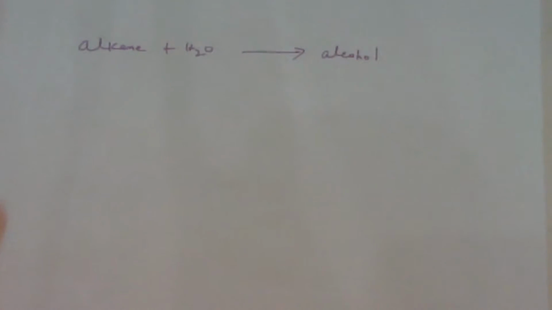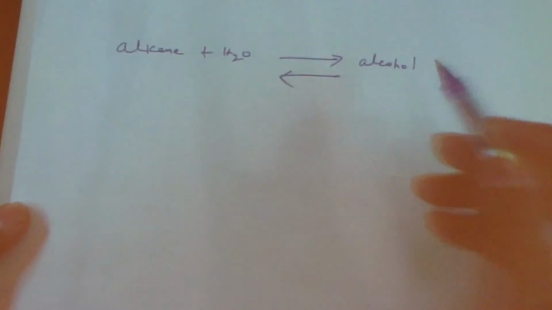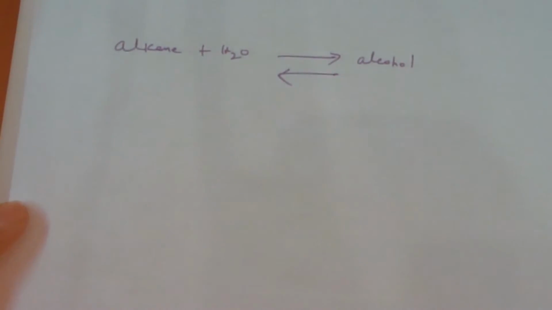And the fact that water appears on the left side of this equation indicates that if you go forward, you generate the alcohol. If you go in the reverse direction, you actually take away a water molecule from the alcohol.